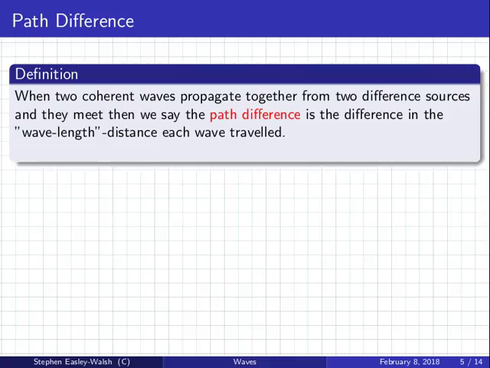Half a wavelength minus a quarter of a wavelength is a quarter. So you mean maybe if one wave finishes at 3/5, and the other one finishes at 1/5, then the path difference is 2/5. 2/5. Yeah. Okay.